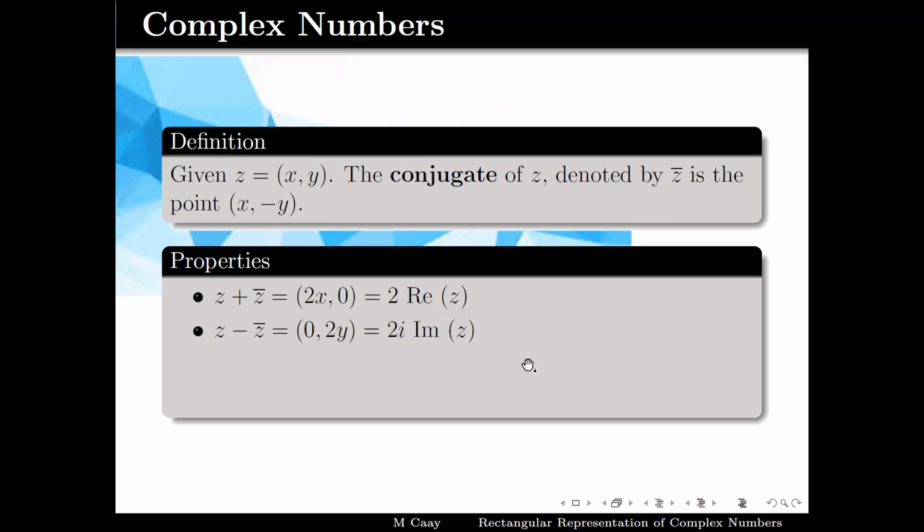Basically, the proof for this is very easy, same as what we have done with the first property. The third property is the modulus of the number and the modulus of its conjugate are equal. And the product of a complex number and its conjugate is the square of the modulus of the complex number.